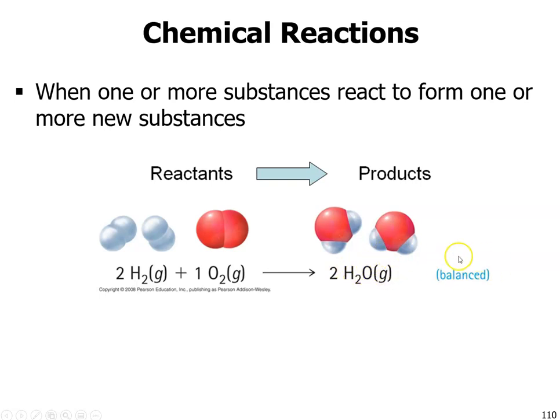This is a balanced equation, and we'll talk about that, which basically means we have the conservation of mass. The things are still there on the left and the right side, they're just rearranged. Reactants are always on the left, products are always on the right, and the arrow points from the reactants to the products.